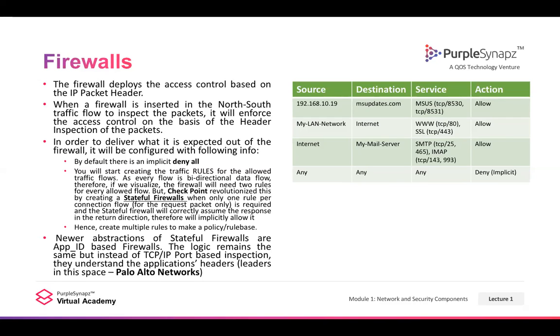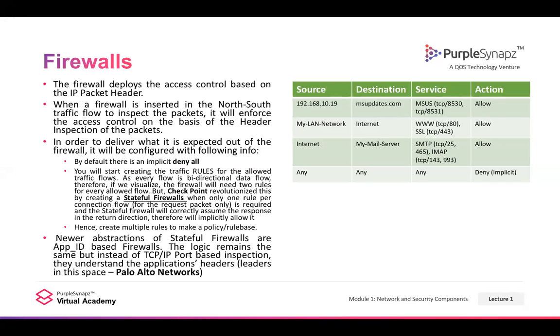IMAP is port number 143 when you are receiving mail which is not encrypted, and 993 if it is encrypted. These are default numbers. They might change from organization to organization, but for simplicity's sake, this is how it is. And you will put an allow action, which means other than these three application flows, nothing else is allowed on this firewall.